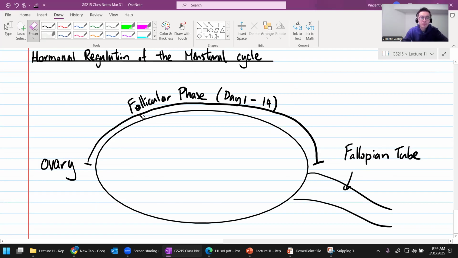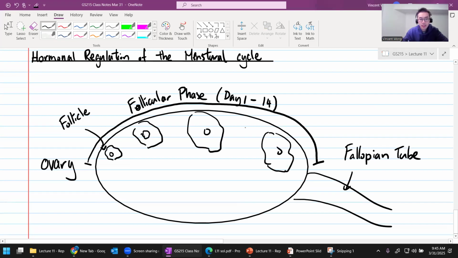During this follicular phase, this would be a follicle. A follicle contains an immature egg, as the PowerPoint slides told you. During the follicular phase, the follicle is going to develop, and the egg inside is going to mature.